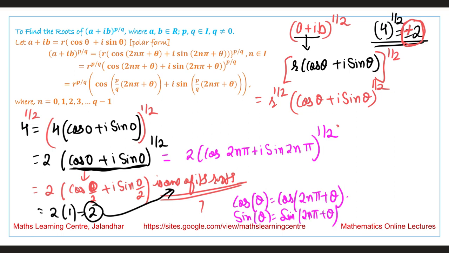Now, if we shift this power inside, using de Moivre's theorem, the answer we get is 2 times cos of n pi plus iota sine of n pi.